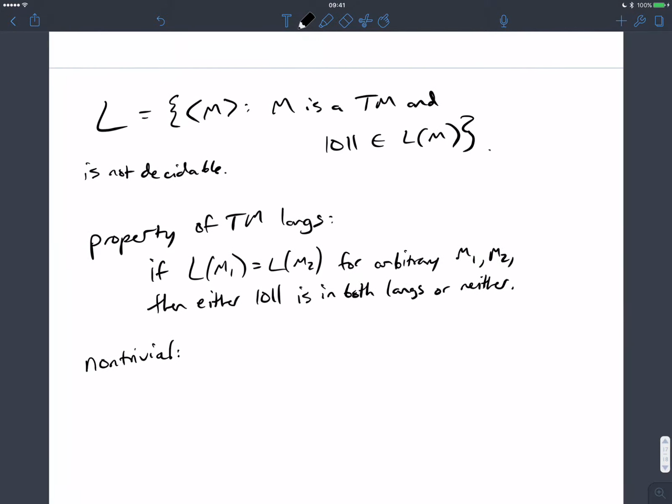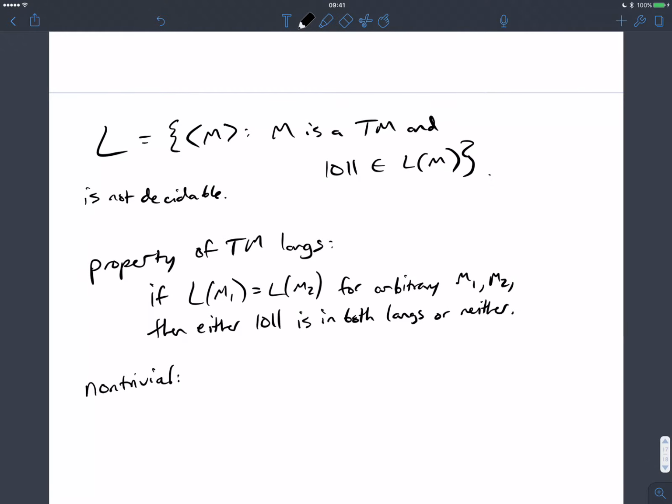Yes. If I add the extra condition that M has at least 5 states, in addition to having 1011, then it could be the case that they have the same language, but one has 6 states and the other has 5 states. Oh, okay. So if it only deals with the language, then you can apply the property part.